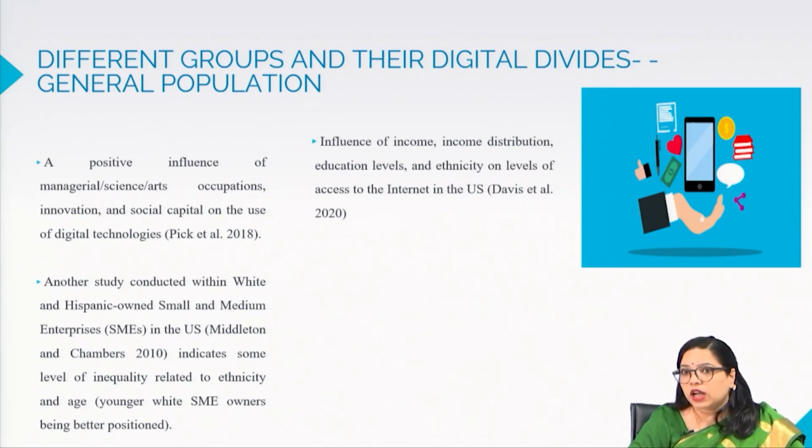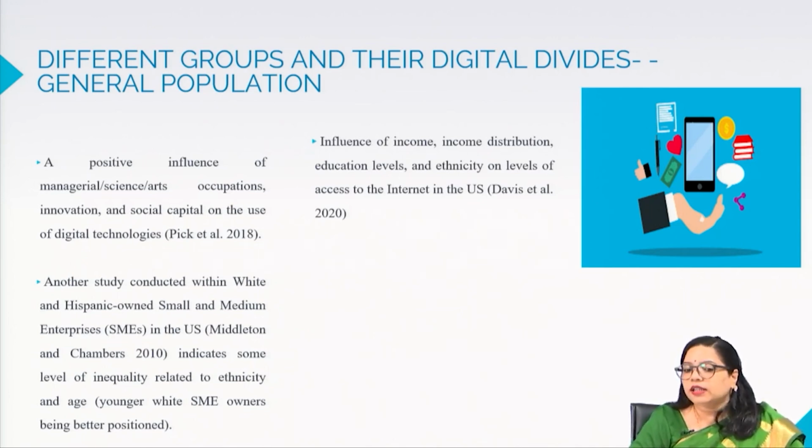Further, another study conducted within white and Hispanic owned small and medium enterprises in the United States by Middleton and Chambers indicated some level of inequality related to ethnicity and age, where younger white small and medium enterprise owners were better off and better positioned.